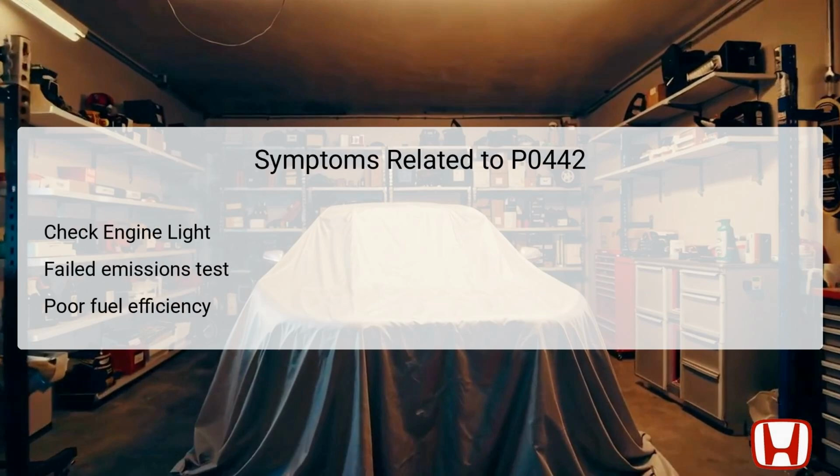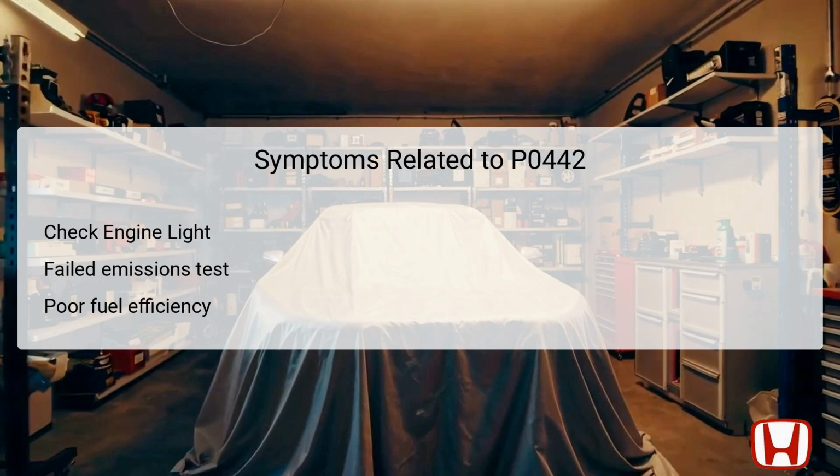The presence of the DTC P0442 often manifests through several symptoms that the driver may notice. The most immediate sign is the illumination of the check engine light, CEL, which serves as a warning of issues requiring attention. Additionally, if the vehicle is taken for an emissions test, a failed result may occur due to the malfunctioning EVAP system, as it does not meet environmental standards.